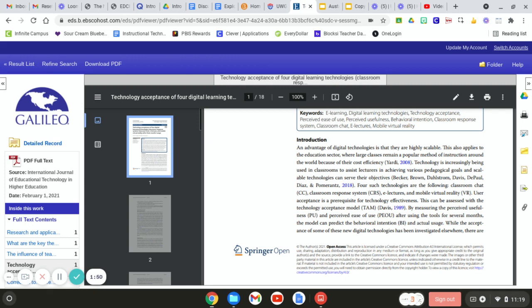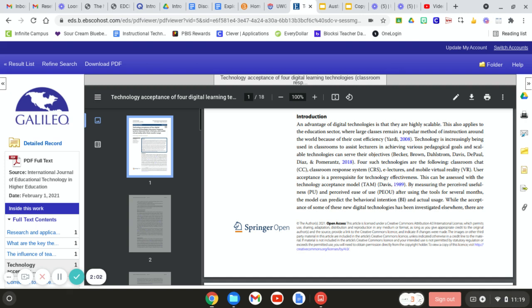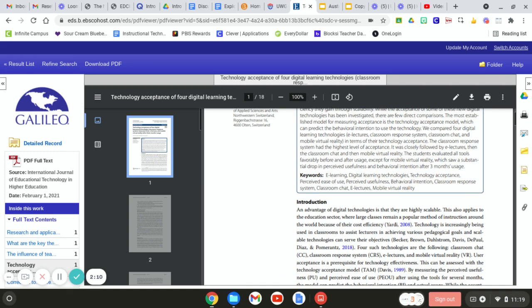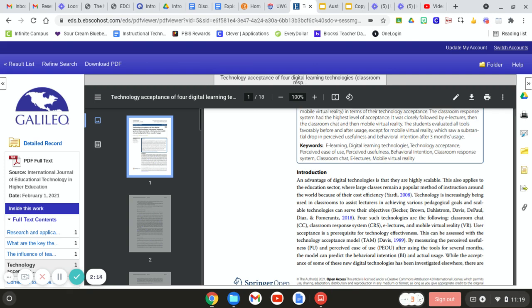So I feel like the big question here is technology being used in the classroom to help achieve pedagogical goals and scalable technologies? They used 4 research technologies: classroom chat, classroom response system, e-lectures, and mobile virtual reality. And throughout this research article, they're going to talk about which were the most effective.